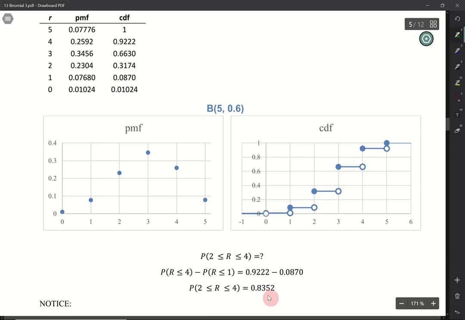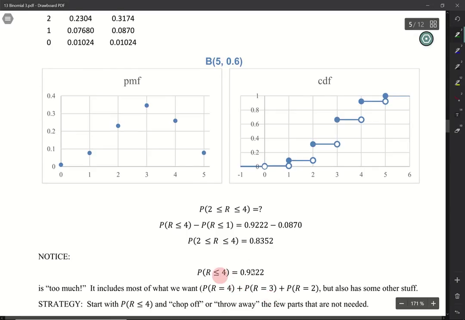Notice that if we take just the probability that it's less than 4 from the CDF, we're getting too much, because it includes most of what we want. So it includes 2, 3, 4, but it also has some other stuff like the probability of 0 and the probability of 1. So what we do is chop off or throw away what we don't need.